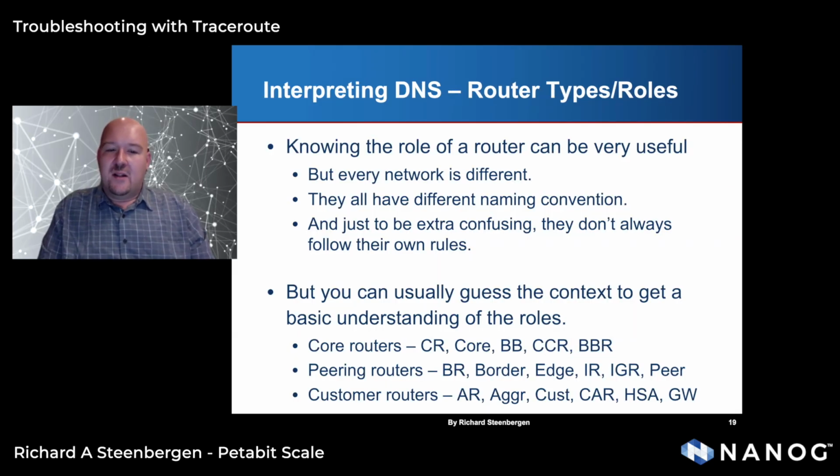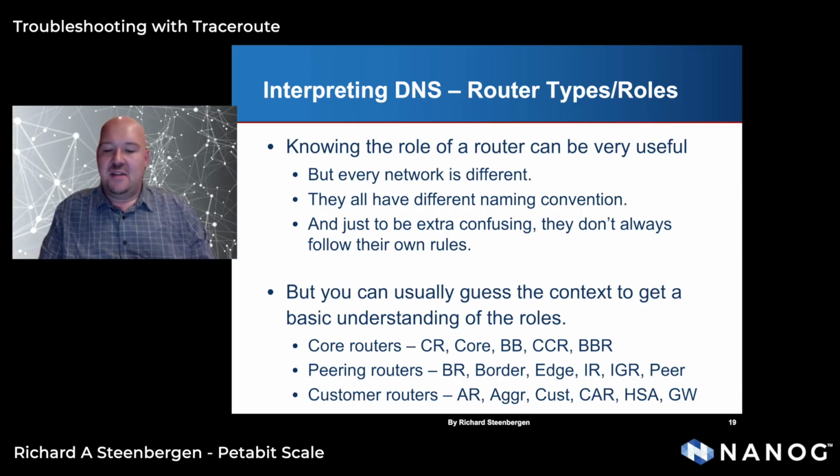So now we're going to look at knowing the role of the router. Remember, every network is different, but they all generally have some kind of naming convention. But just to be extra confusing, sometimes they don't always follow their own rules. So you can usually guess the context. An example of a core router: CR, core router, core, BB for backbone, CCR for core, BBR for backbone router.